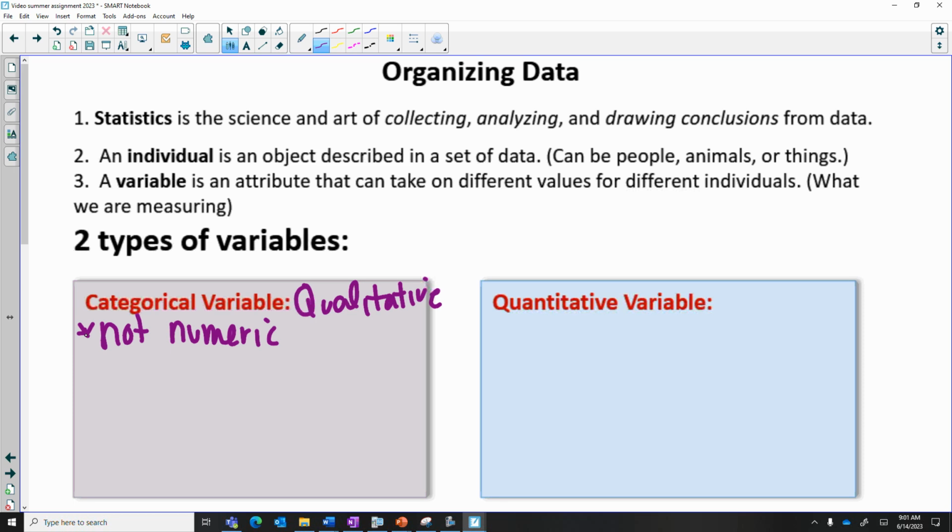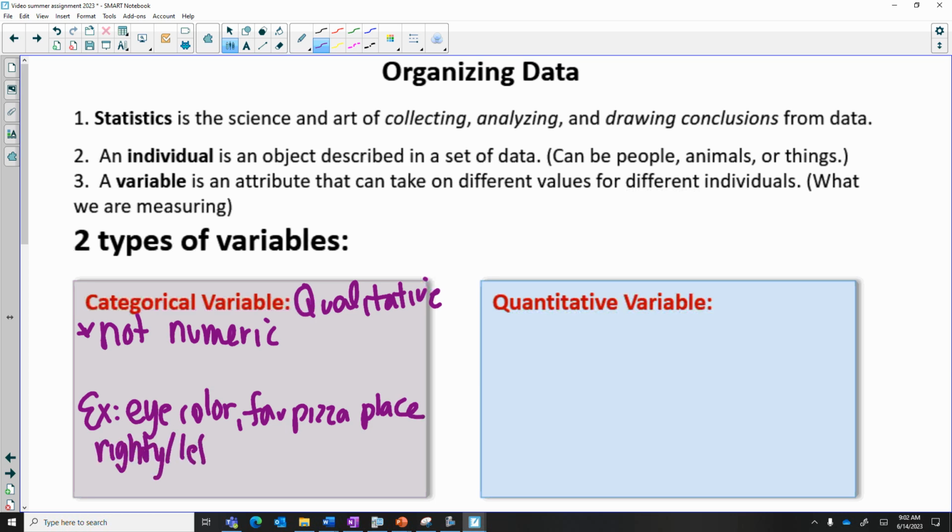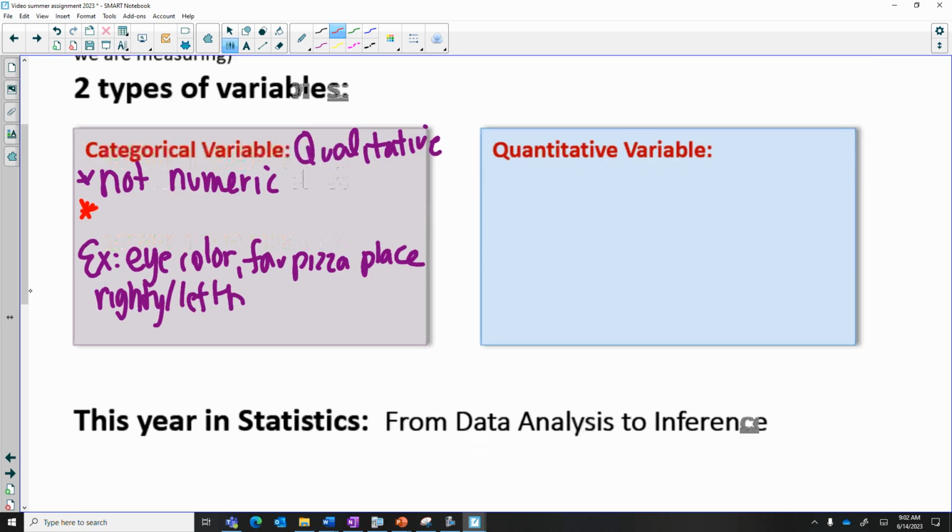So eye color, favorite pizza place, if you're a righty or a lefty, etc. It does not make sense to find the average of a categorical variable. Can't find the average eye color, for example. It doesn't make sense.